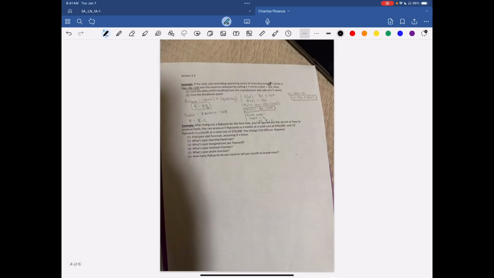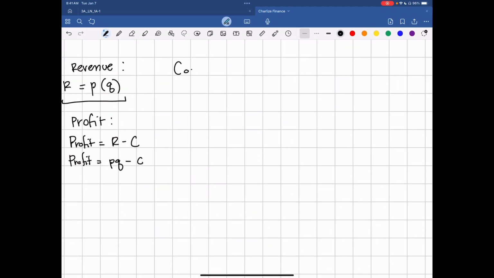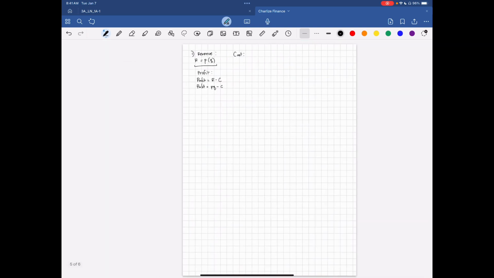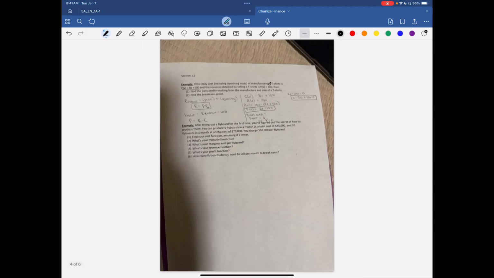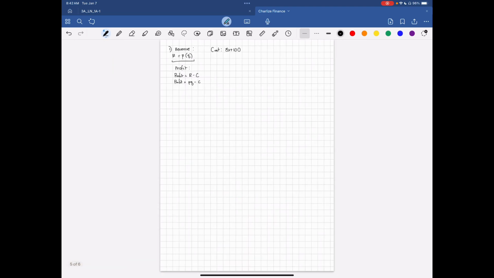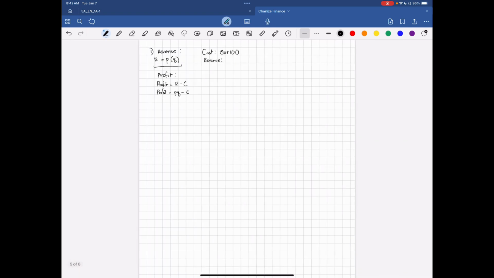However, we're given more information than that. The cost to make the t-shirts is 8x plus 100, while the revenue is 10x.